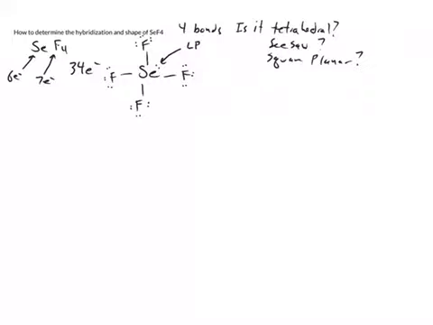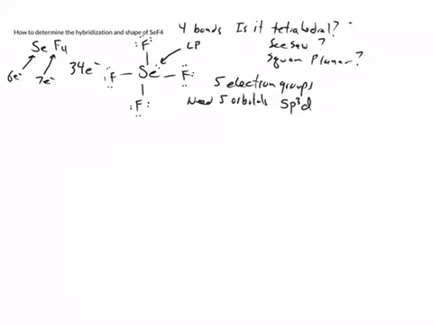So now I've just determined that I have 5 electron groups. So I need 5 orbitals. Okay? So 5 orbitals is going to be sp3d, because sp3 is only 4. So that's going to be my hybridization.